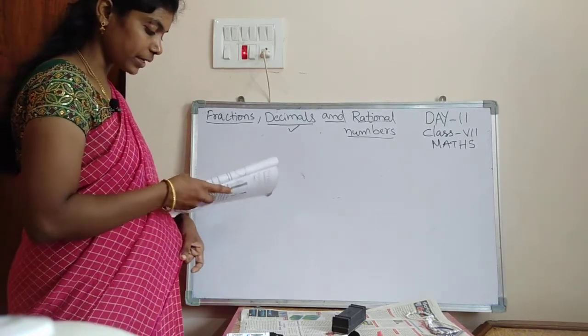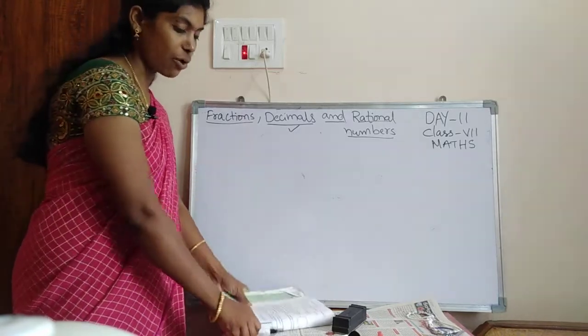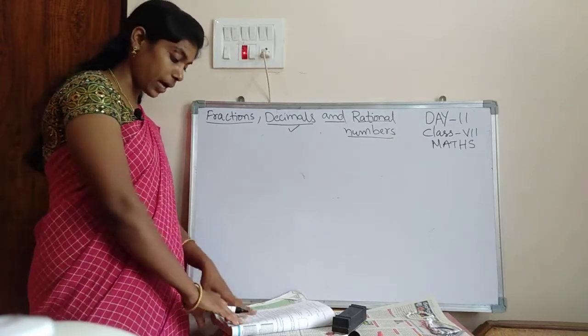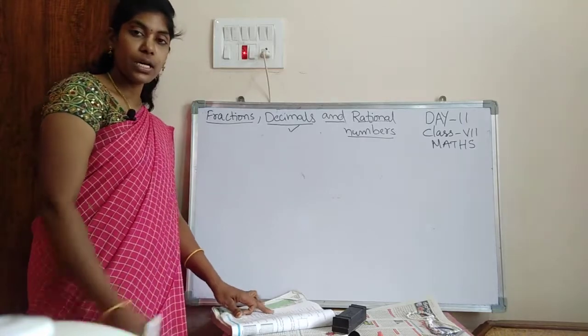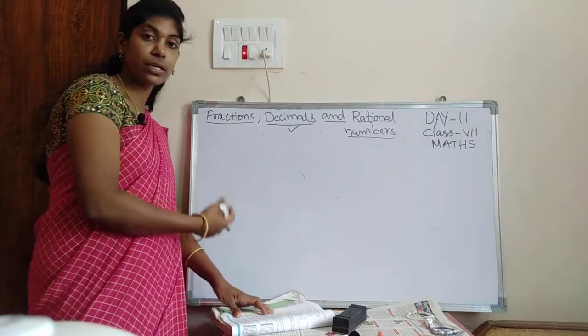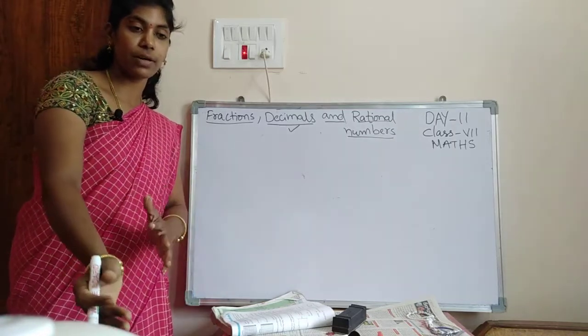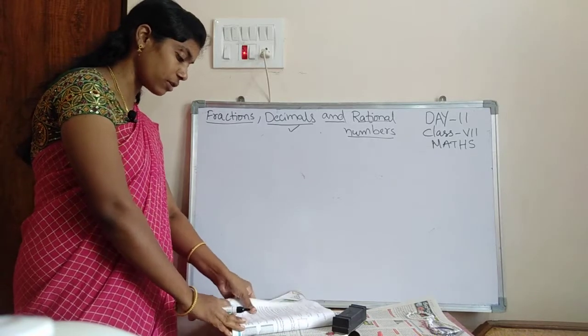How much weight did Upendra carry back to his house? All of you also go to the vegetable market and buy vegetables, so how should we find the total weight? You will take 1 kg, half kg, like that. Here Upendra has taken some vegetables.